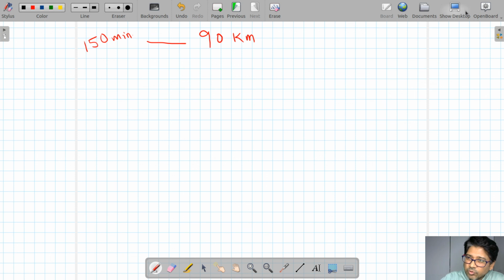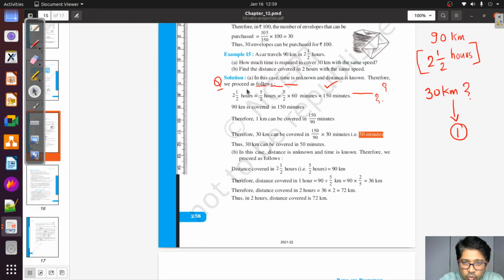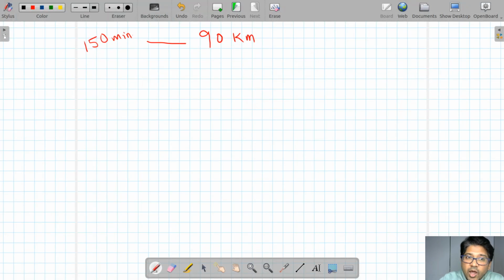Now let's see the question. The question says, how much distance is covered in 2 hours? That's very easy. They are asking for 2 hours. So 2 hours equals how many minutes? 60 into 2 is 120 minutes. Very good.